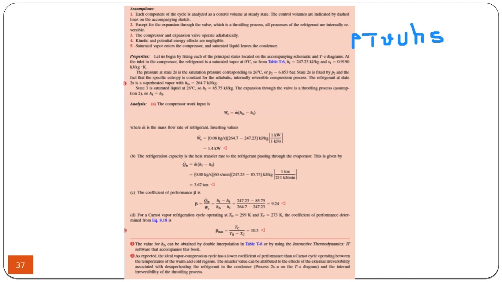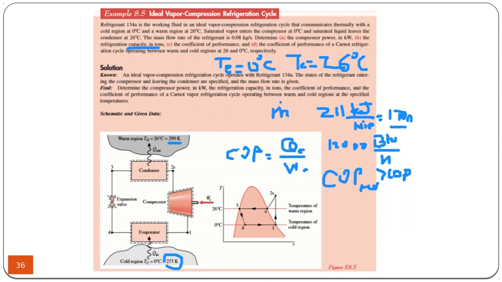The first thing is to find the enthalpies that are available in the first place. For instance, you can use this temperature to find the enthalpy here because it's saturated vapor. Also, you can find the enthalpy here at 26 Celsius, which is saturated liquid. So these are immediately available.